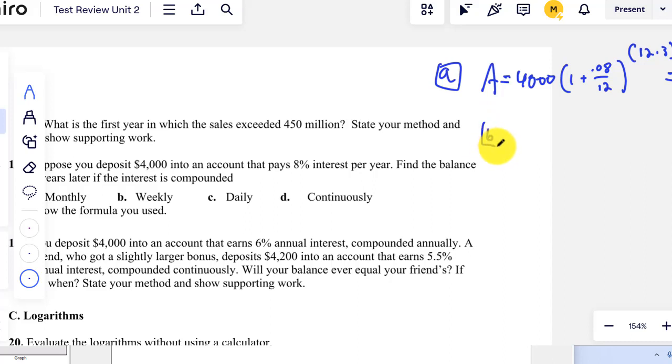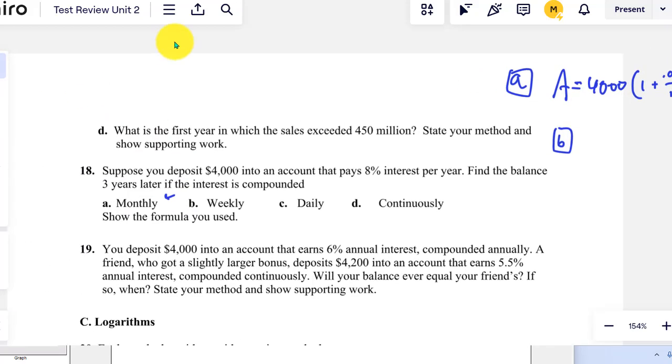Letter B, essentially we're doing the same thing, except instead of compounding monthly, where n was equal to 12, now weekly, n is going to be 52.